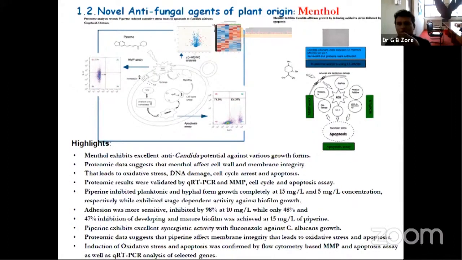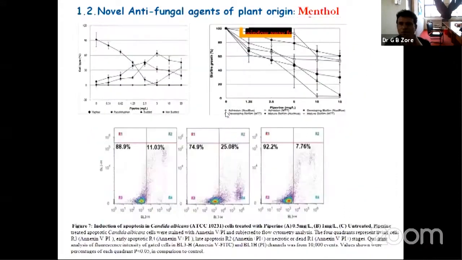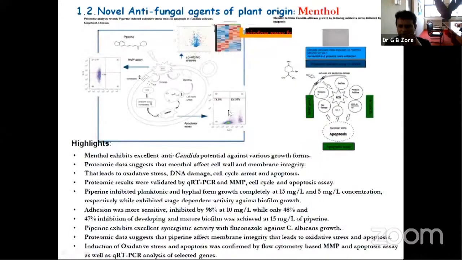In addition to menthol, we also tested the effect of piperine against the growth and development of this organism, in different morphological forms, like yeast, hyphal form, biofilm, or planktonic growth. And we identified menthol and piperine responsive proteins using LCMS analysis.